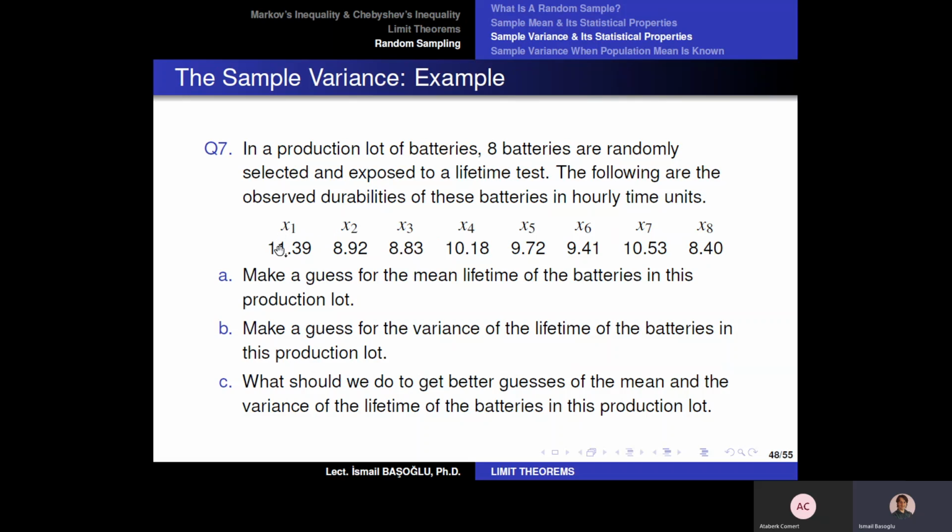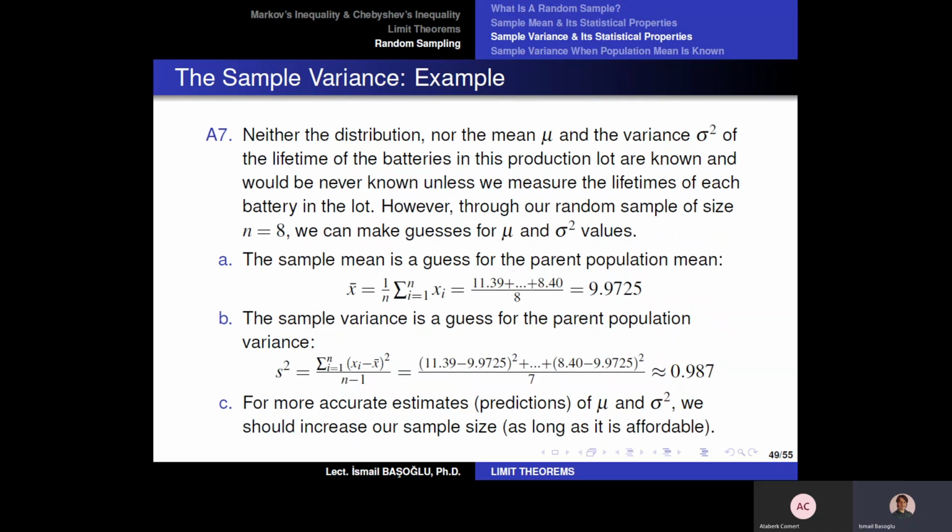However, obviously, there is some variation in batteries. And the standard deviation in the design is equal to 1. So these values are actually coming from a distribution with expectation 10 and variance 1. I have just collected 8 observations. In these 8 observations, the sample mean is 9.97, which is very close to 10.